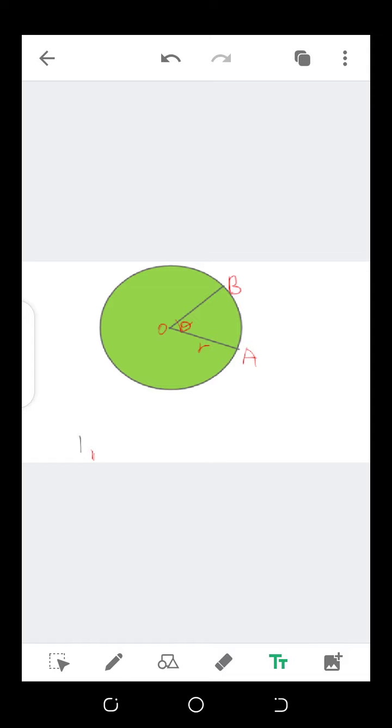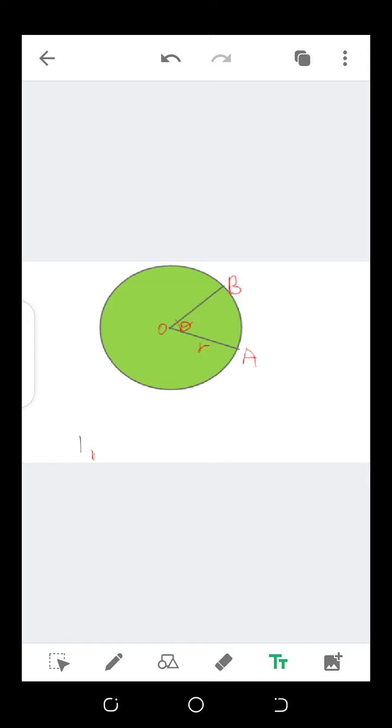We just take the length, that is L, is equal to theta, that is the angle subtended at the center. You divide by 360, that is the angles at a point. Then you multiply by the circumference, that is 2 pi R. In other words, length is equal to theta over 360, you multiply by 2 pi R, where R is the radius, L is the length.